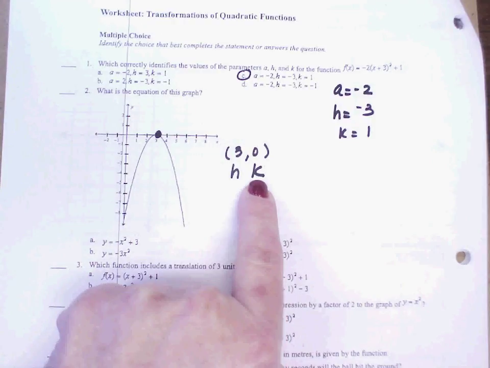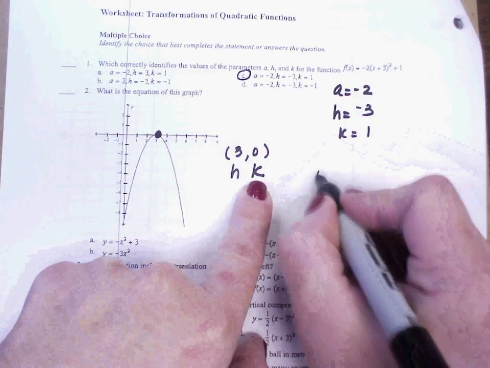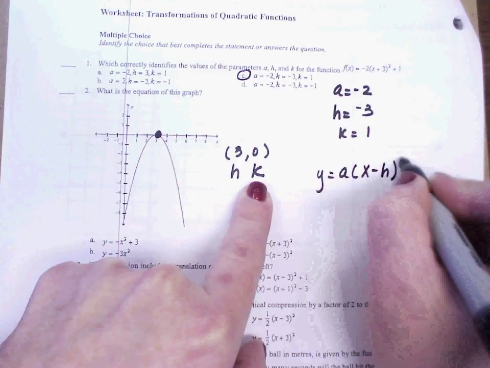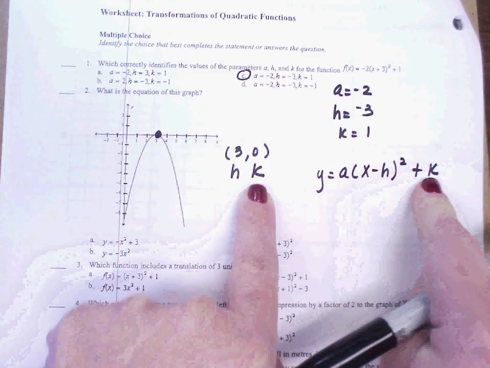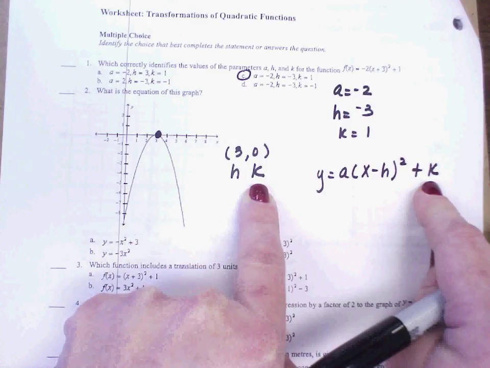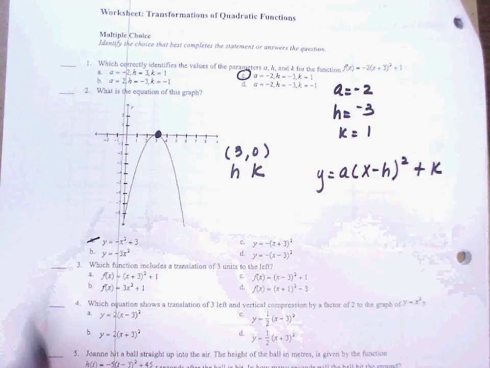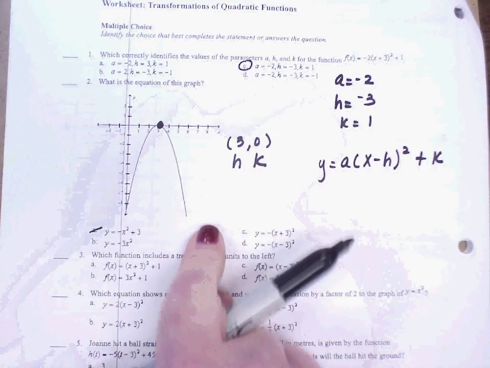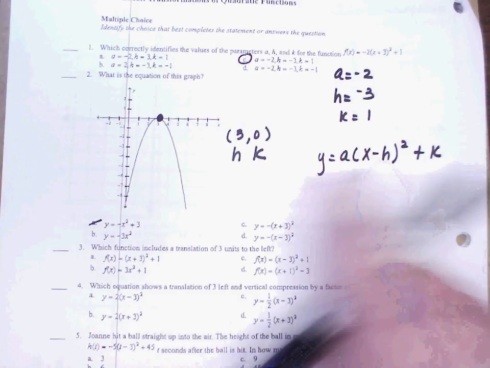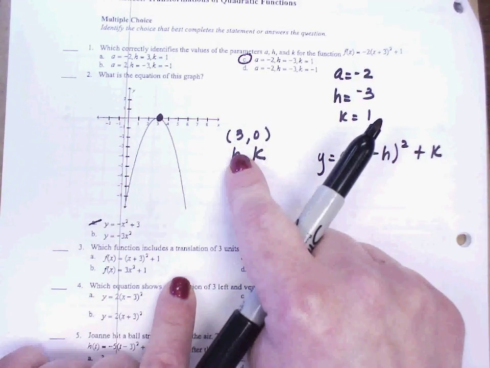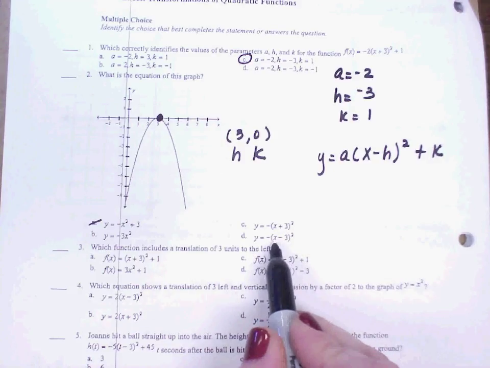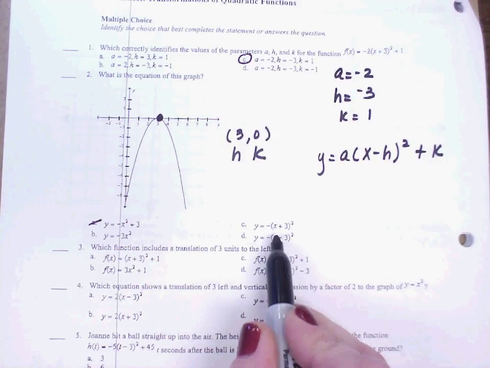You have k equals 0, so you should not have any plus something or minus something. So you can eliminate A. That parabola opens down, so a equals -1, and then it should be -3 because it comes out opposite, right? Why is it not C? Because when you put it in here, it becomes the opposite of what it was, right? So the correct answer is D.